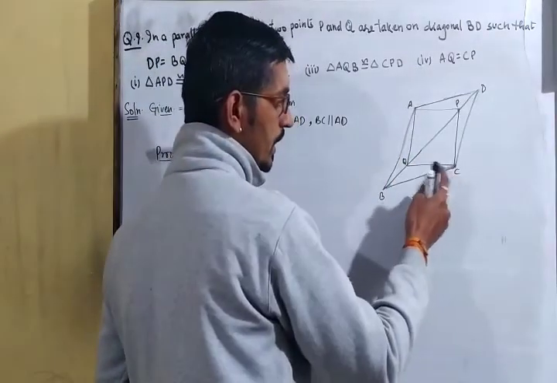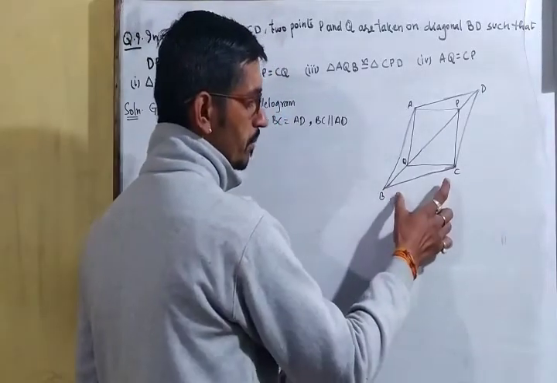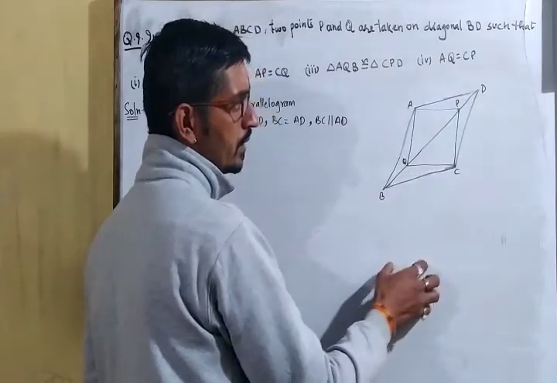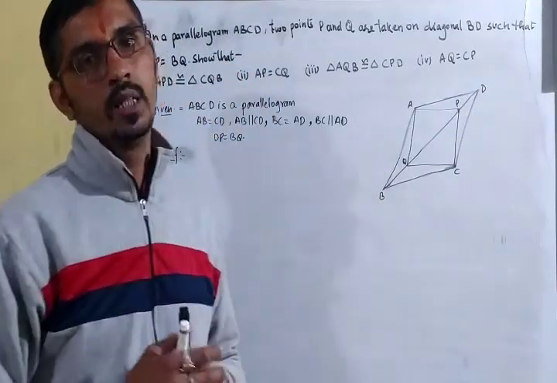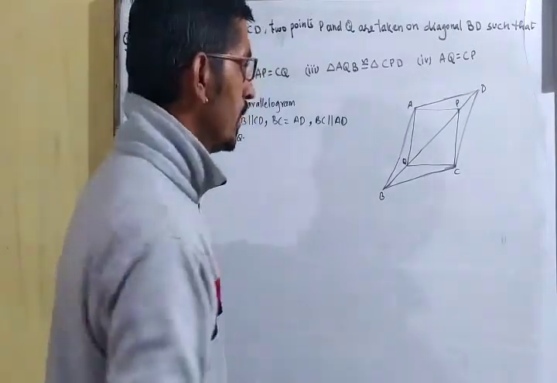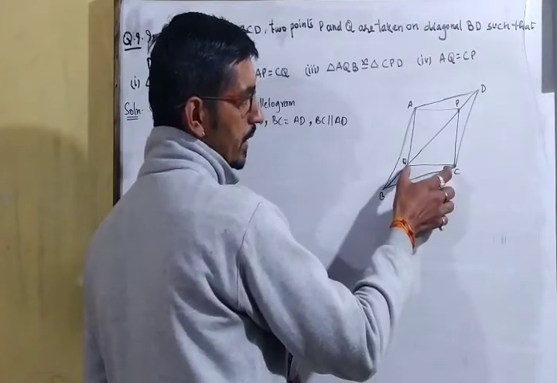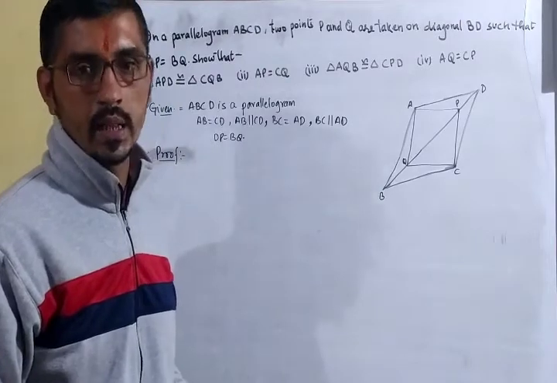Since it is a parallelogram, BC will be equal to AD, and PD is given equal to BQ. We need one angle in between these two sides, or otherwise another side. But CQ is not given equal to AP. We have to prove these two sides are equal to each other.